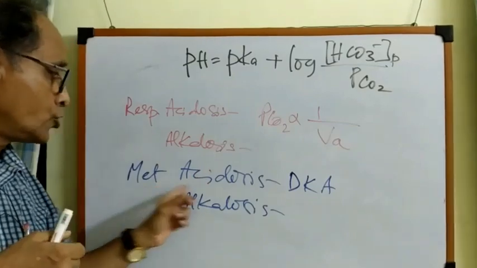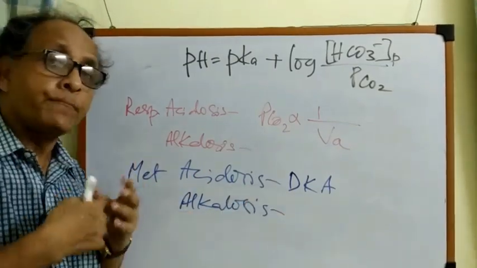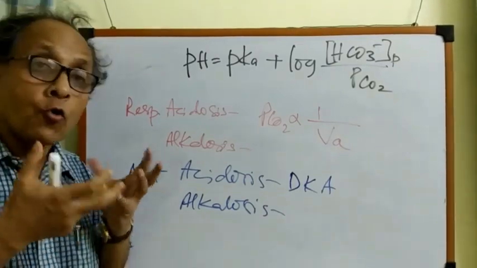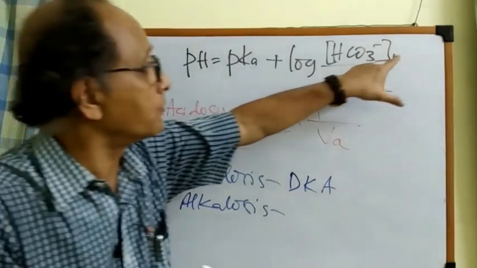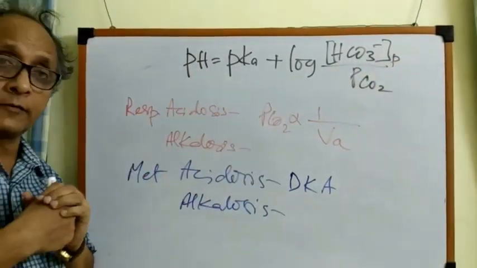All these things will lead to metabolic acidosis by depletion of the bicarbonate store. So plasma bicarbonate level will be reduced, and these patients have metabolic acidosis.